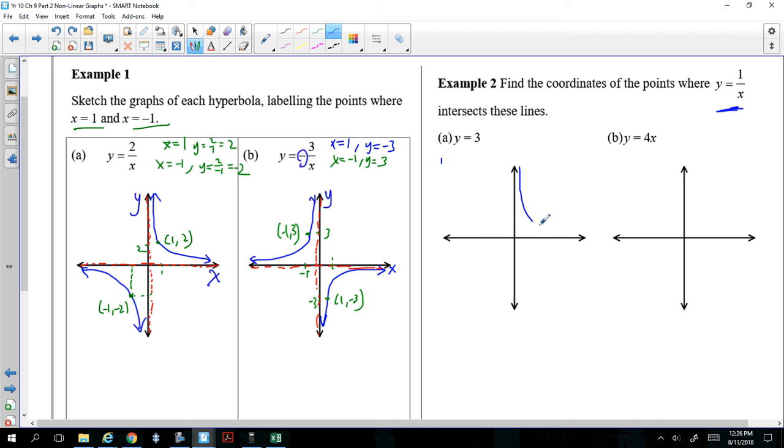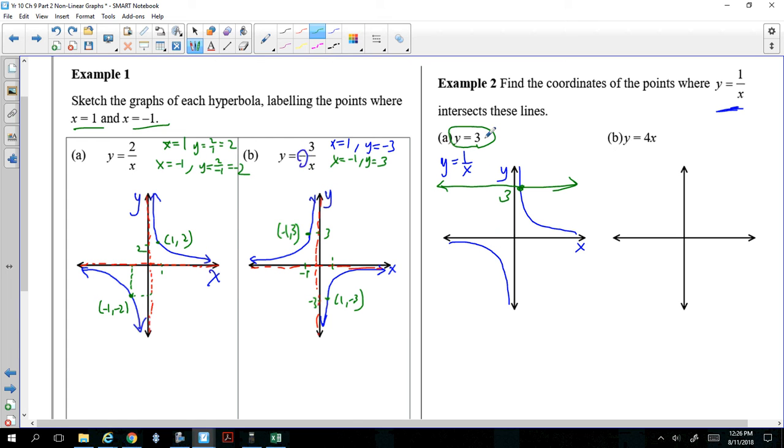Okay, y equal to 1 over x is drawn. And then you can see that if I draw the line y equal to 3, it's a horizontal line that crosses at one point here. Okay, that's y equal to 3.